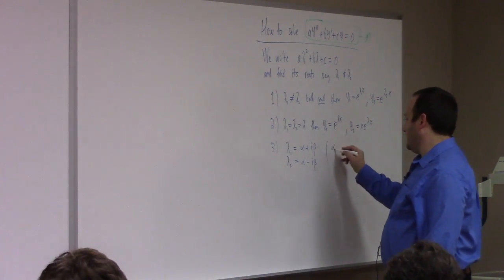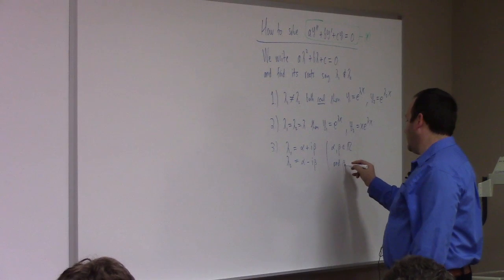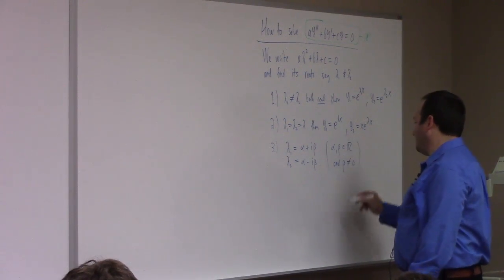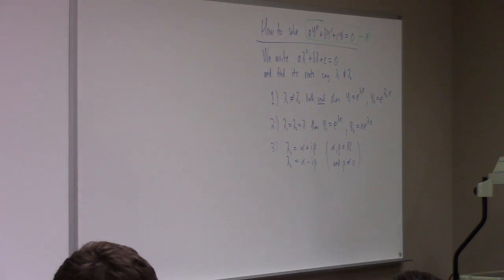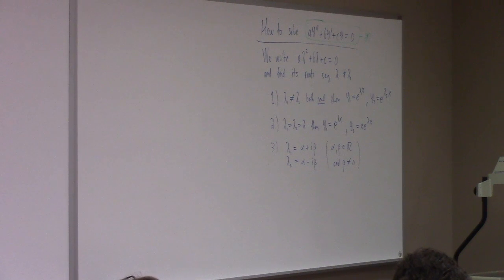And here alpha and beta are real numbers, and we're assuming beta is not equal to 0. That's the third case. So what is y1 and y2 in that case?